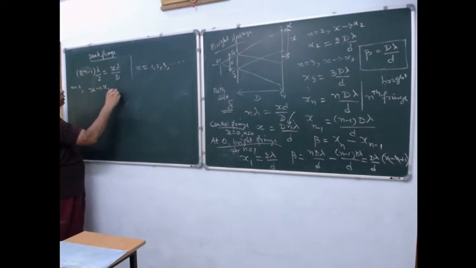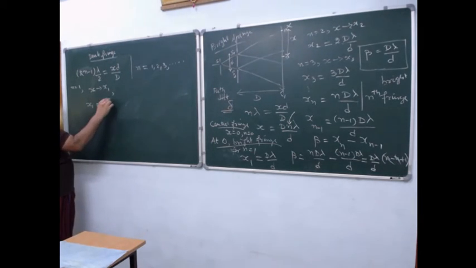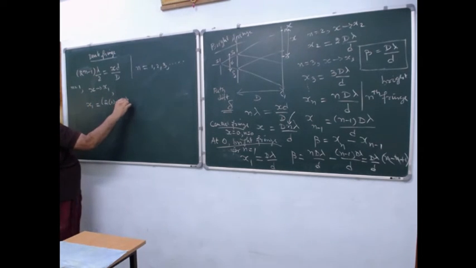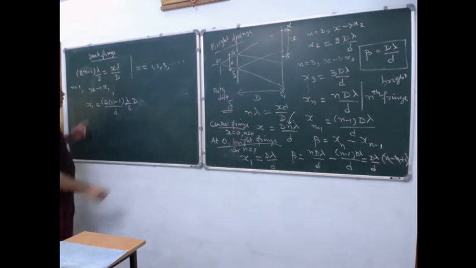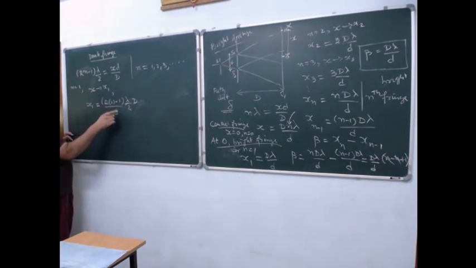Therefore, x1 is equal to, you can apply the same equation. So, you can rearrange this. So, x1 is equal to (2 into 1 minus 1) into lambda by 2 into D divided by small d. Just rearrange this equation and replace the n. So, 2 into 1, 2 minus 1, 1.